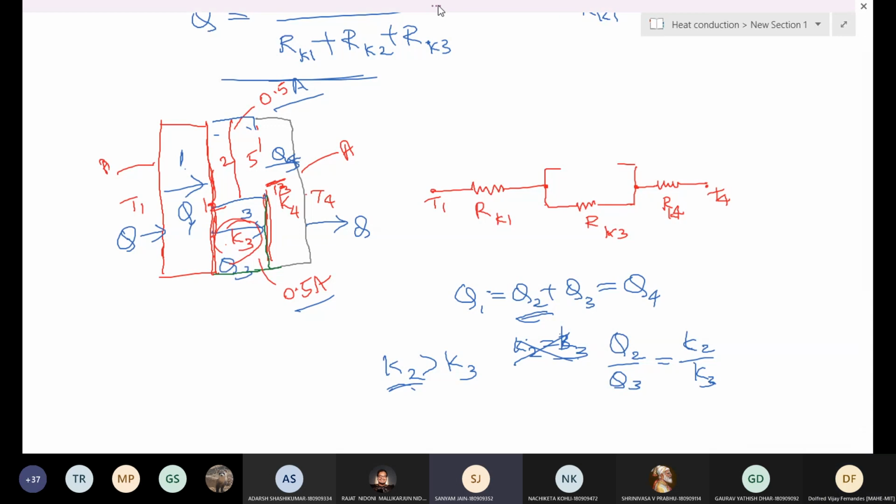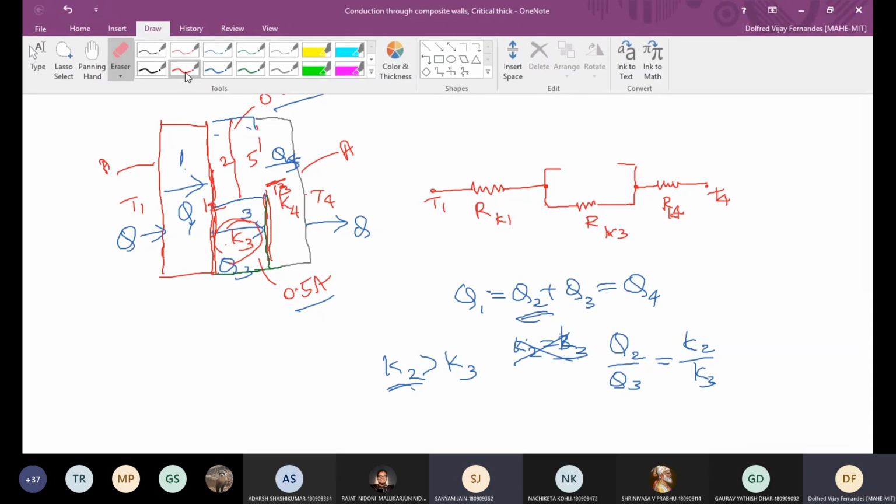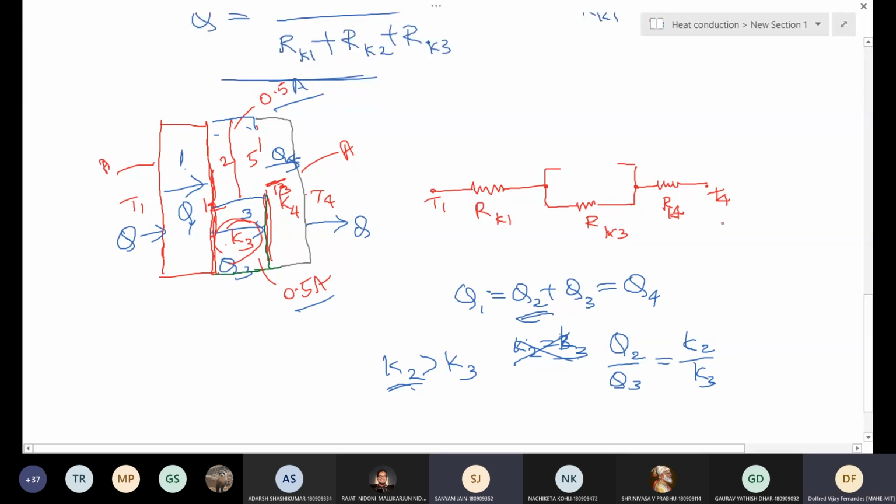Here heat transfer is unidirectional, same direction, no problem. So this is RK2, and then one more resistance RK5. These two are in series, but RK2 plus RK5 are in parallel.